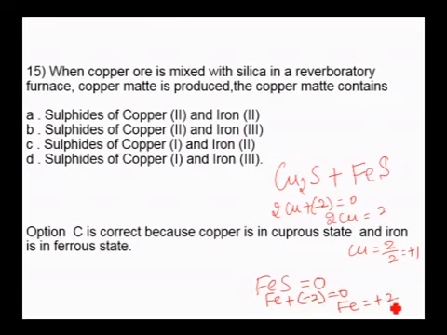So, iron is present here in plus 2 state. Therefore, sulfides of copper 1 and iron, the oxidation state of iron being 2. Therefore, the option is C, sulfides of copper 1 and iron 2, is the correct option for the above question.